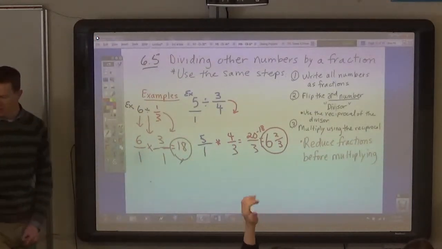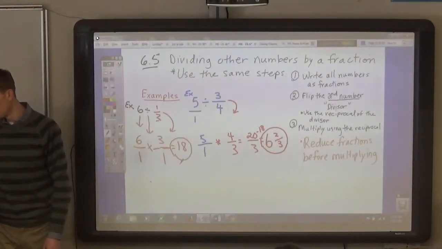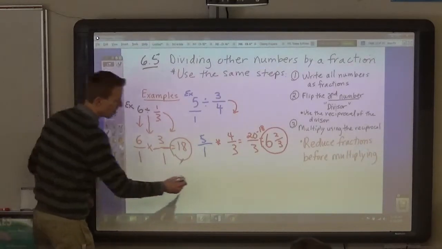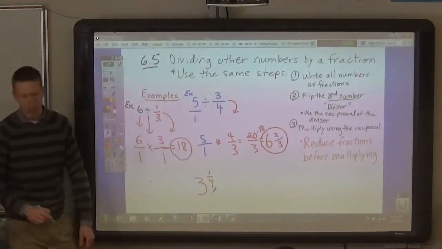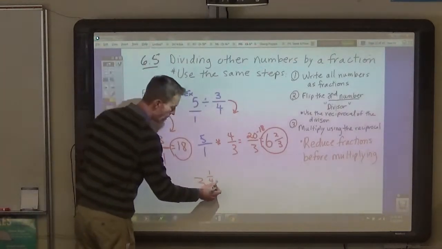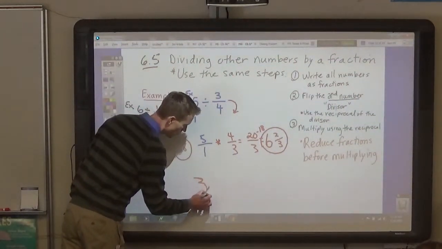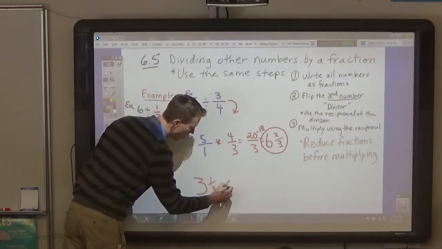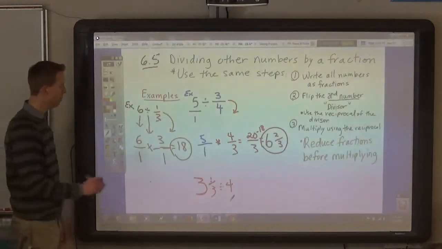Any questions? What if it's a mixed number? How about letter B in your book? 3 and 1/3 divided by 4. Now what?